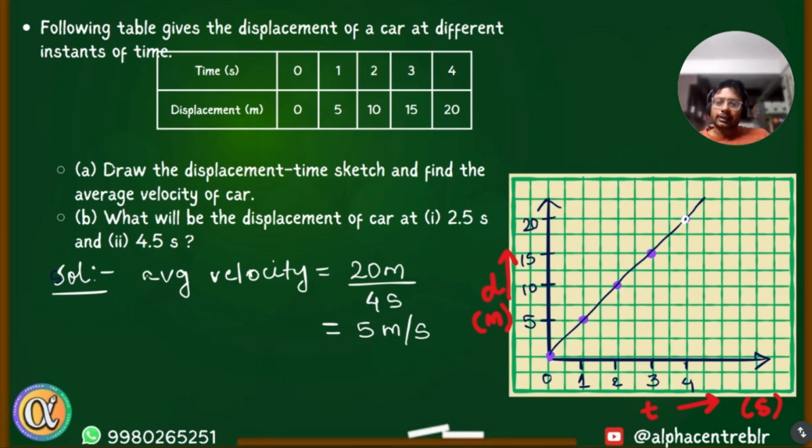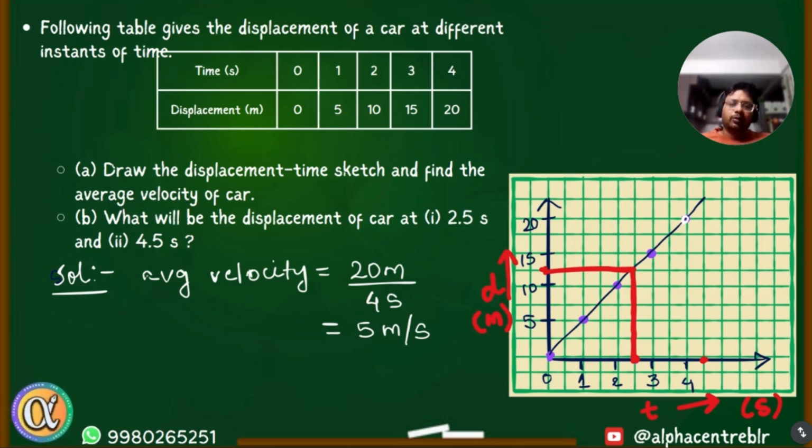Okay, next they are asking us to find the displacement of the car at 2.5 second and 4.5 second. So what is displacement at 2.5 second? 2.5 second I think lies here. So y-axis is where the displacement is. So I think we can draw a line like this at 2.5, and where it meets the graph I can draw a vertical line like this, and wherever it meets the y-axis.